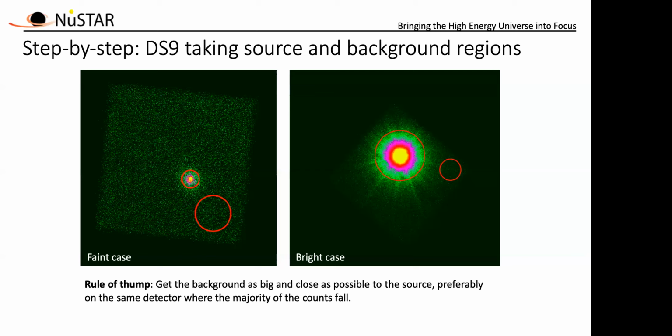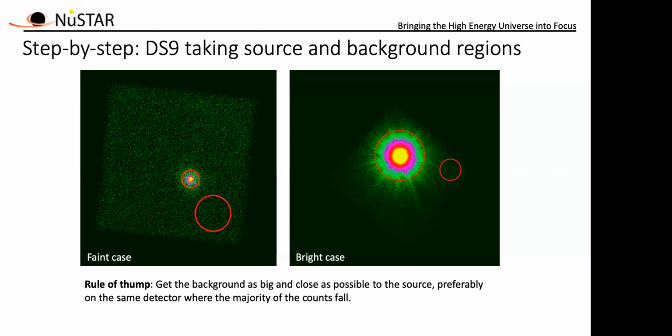If you have a faint source, like in the case on the left, you take a background region that is as large as you possibly can, as close as you possibly can to your source, because remember, there's also a gradient of background across the detectors. It varies across the detector, so you want to be as close as you can to that source. How big should your extraction region be for the faint case?